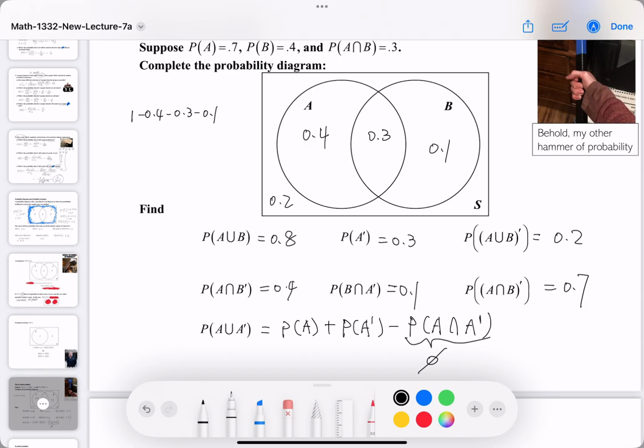So P of this is 0. This probability is 0, so this part is 0. I just cross it out. What is the probability of A plus probability of A prime? It is 1. We have learned that the probability of an event plus the probability of its complement must be 1.